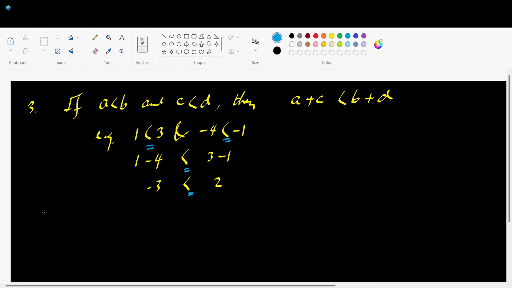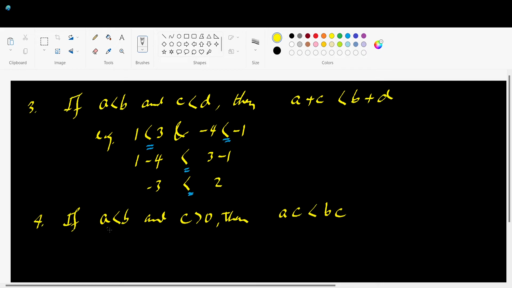Alright. We now go to the fourth one. If A is less than B and C is greater than 0, then AC is less than BC.